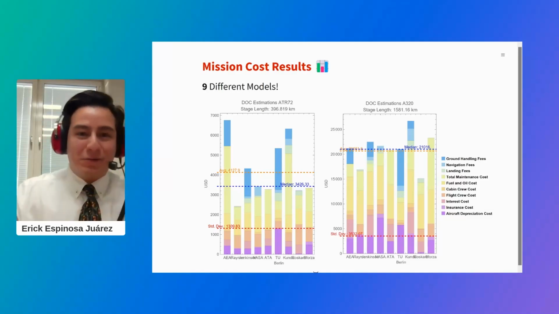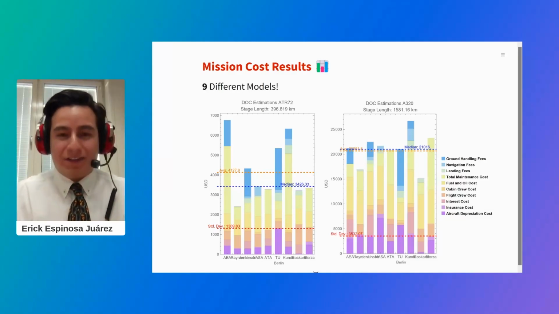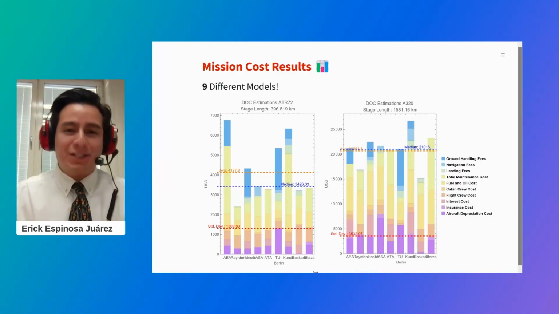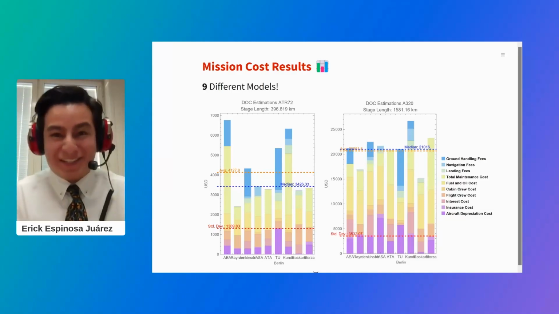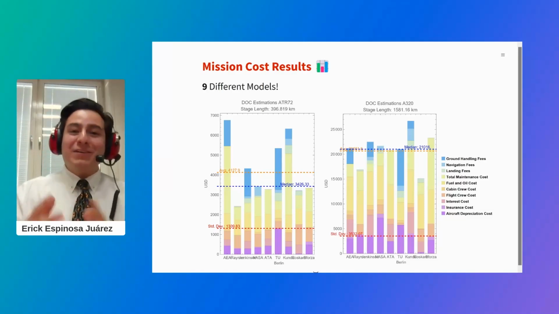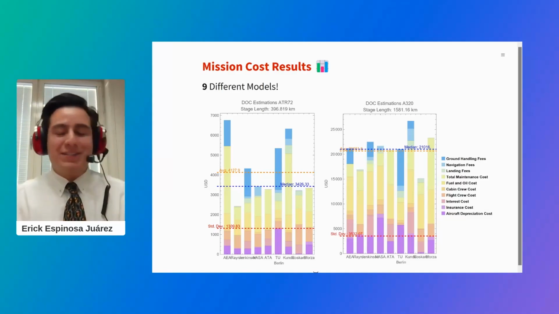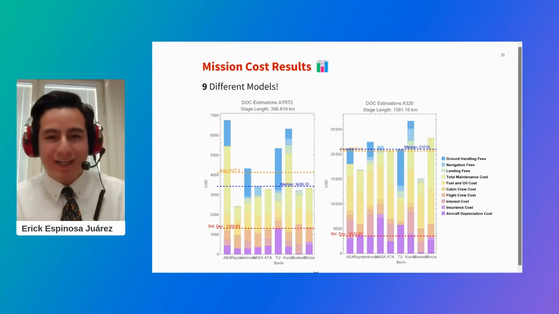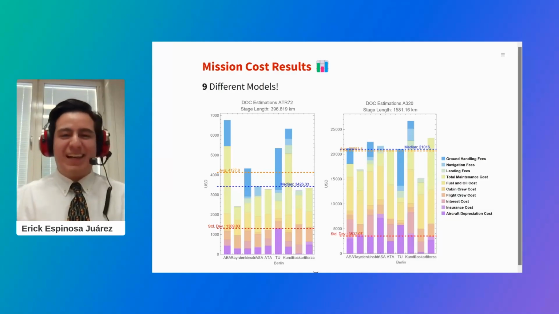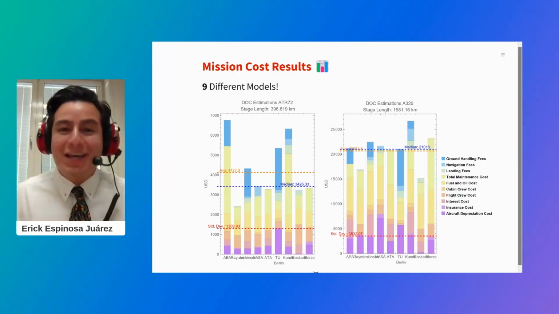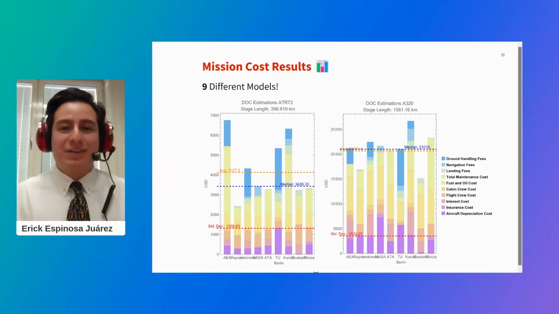For example, the first one and the second one, on the bars in the first image: there's a big disagreement. So whenever you see in the literature or the magazines that this new airplane, electric, hybrid, hydrogen, is going to be so much cheaper than what exists, the question you need to ask is, according to which model? There are huge differences.